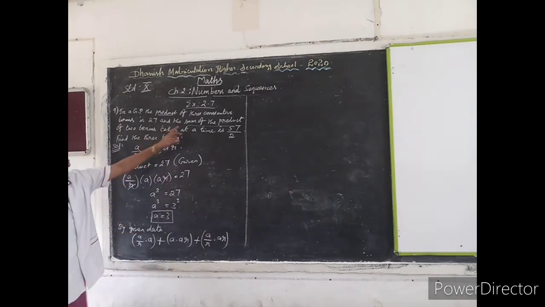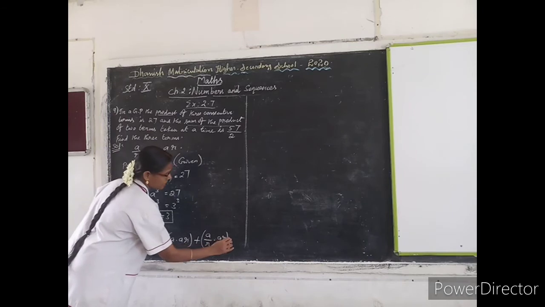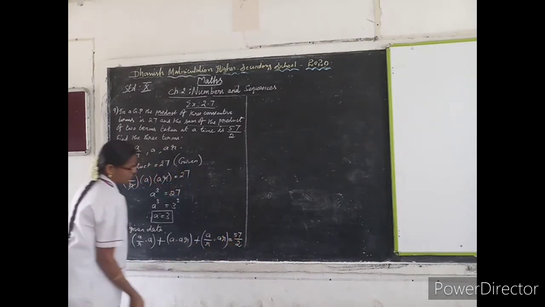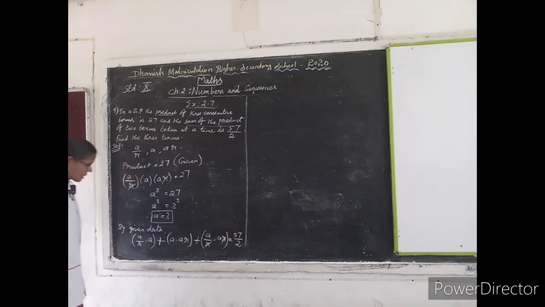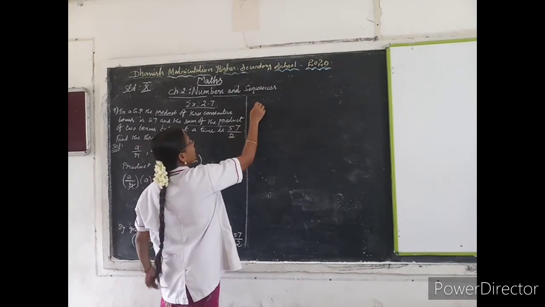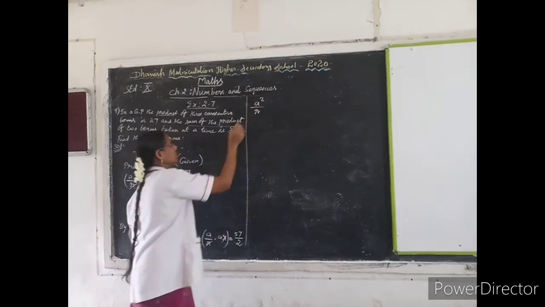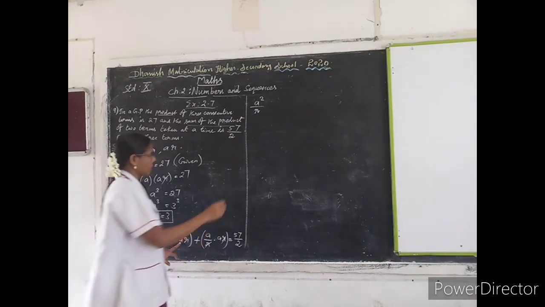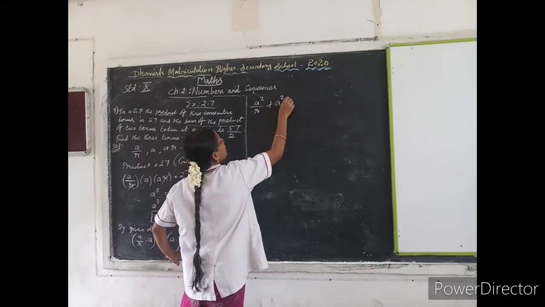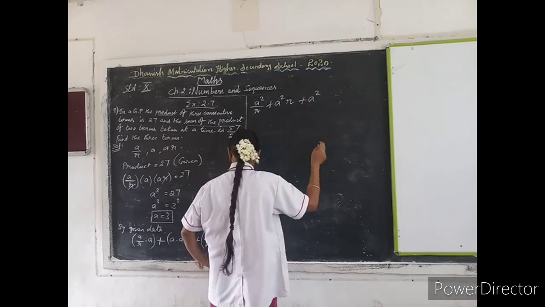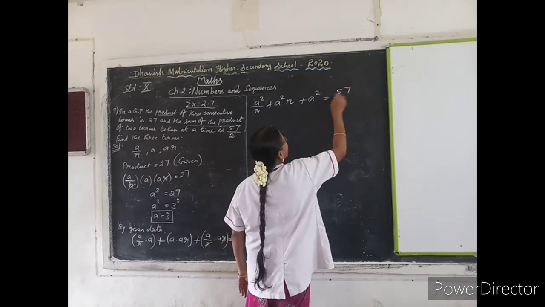The sum of the product of 2 terms taken at a time is 57/2. Now this r gets cancelled. The remaining terms are a into a square by r from the first term, second term a into a square, plus a square into r. Here a into a square is equal to 57/2.